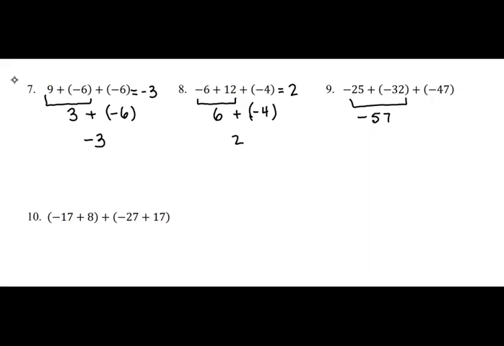So I have negative 57 plus negative 47. All right, just double check your integers. They're negative values, so I keep the sign and add the numbers. 57 plus 47 will give you 104. So the answer to problem number 9 is negative 104.